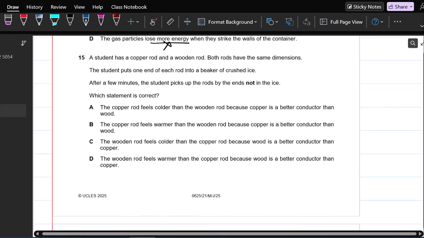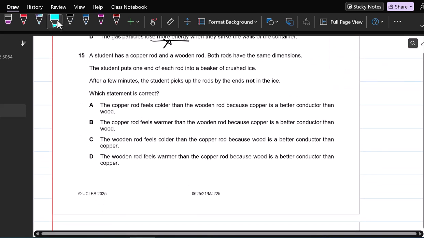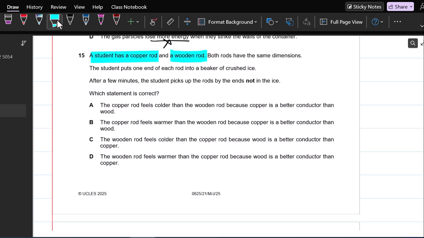Moving to question 15. A student has a copper rod and a wooden rod. This is metal. This is non-metal. Both rods have the same dimensions. Okay, same length, same area, or you can say same volume. This is of copper and this is of wood.